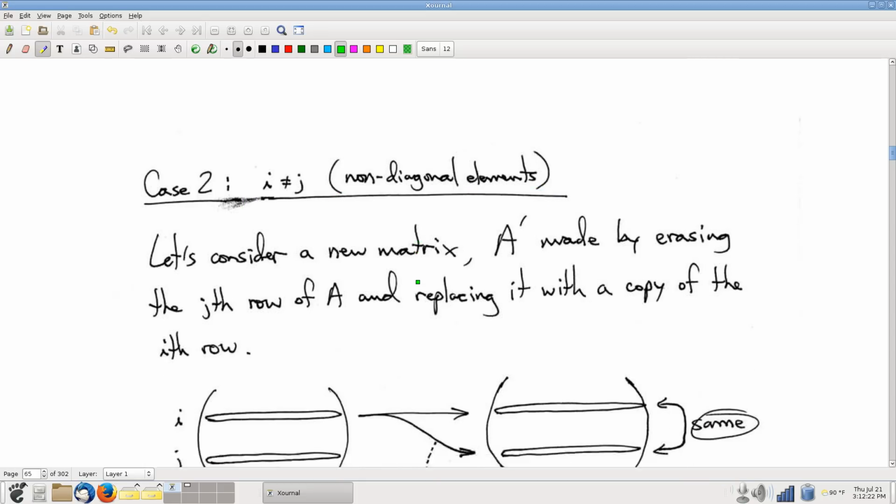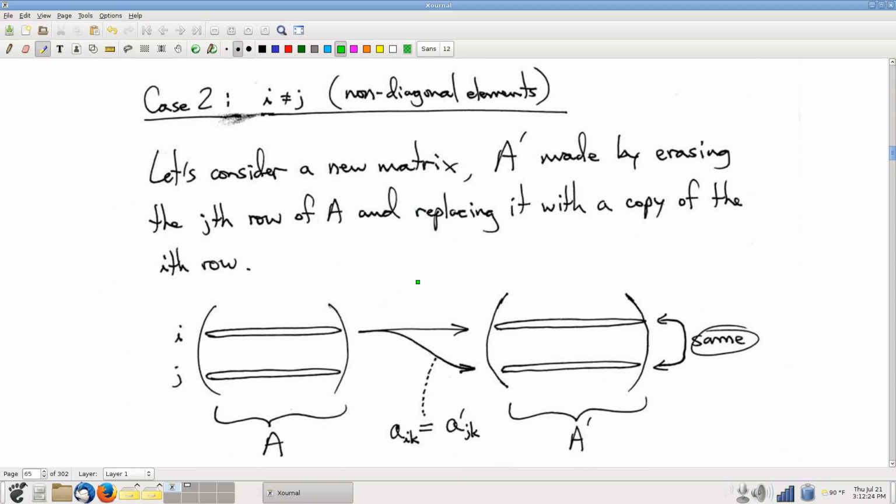Here's the trick. We're going to create a new matrix called A prime. Again, it's not clear why we're doing this. The new matrix A prime is defined as follows. We're pretty much going to copy A. The ith row will stay right where it was.